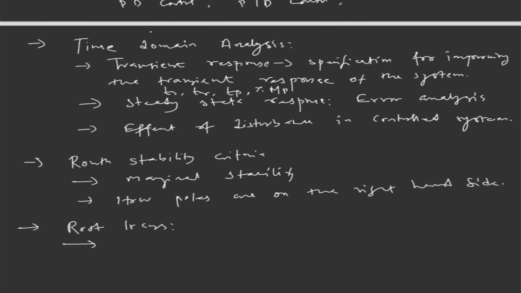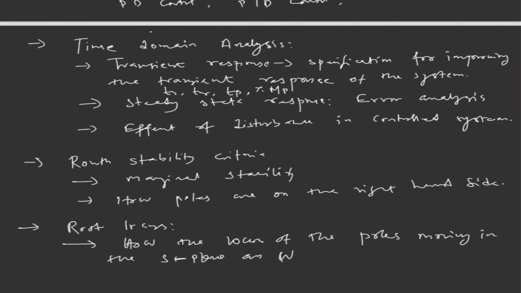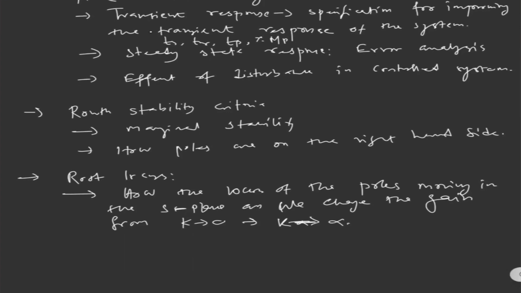So here we have discussed how the locus of the poles moves in the S-plane as we change the gain from K equal to 0 to K equal to infinity.